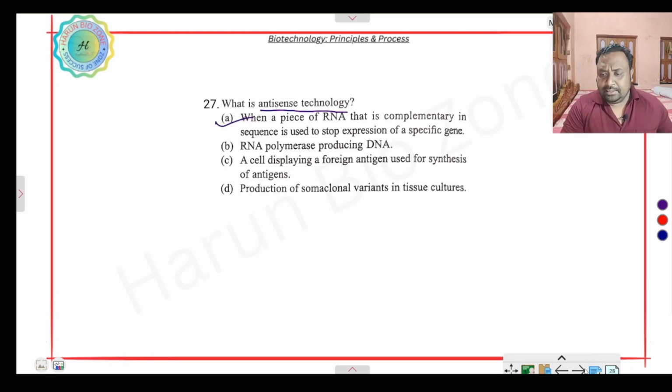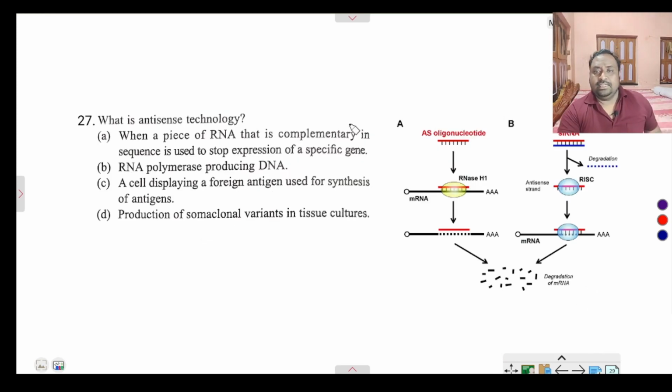It is properly explained with some diagram. Suppose this is an antisense oligonucleotide, and this is small interfering RNA. Clear? The oligonucleotide has RNase H1. RNase H1 is the enzyme that breaks down the mRNA.